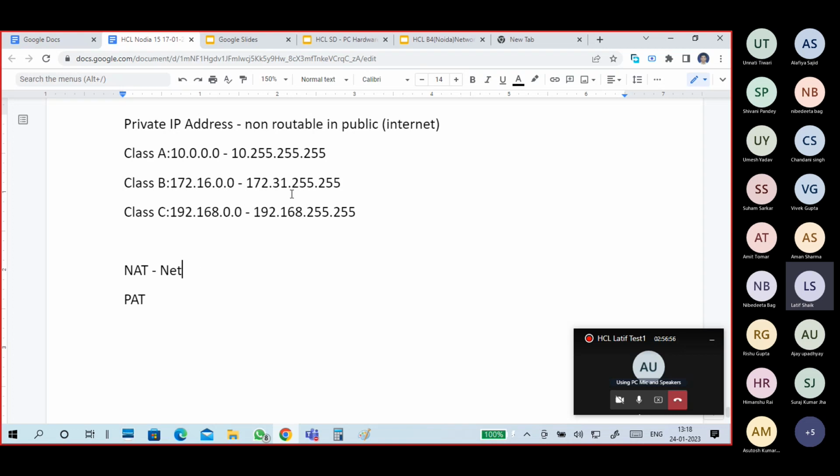Network Address Translation. PAT is Port Address Translation.